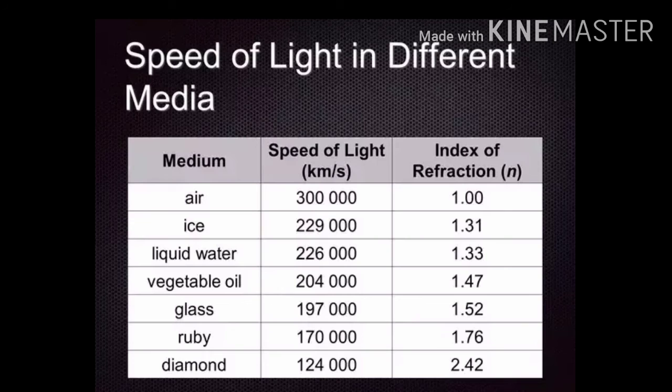In the case of ice and liquid water, the speed of light is more in ice, so ice is less dense than liquid water. The speed of light in ruby is much lower than in air, so the optical density of ruby is higher than air. I hope you got that idea.